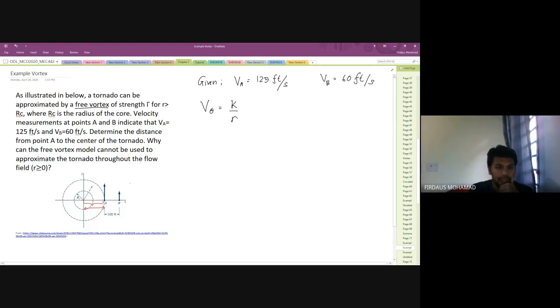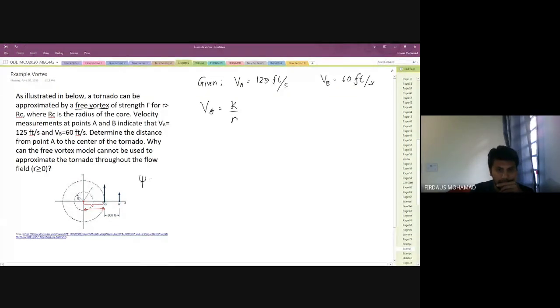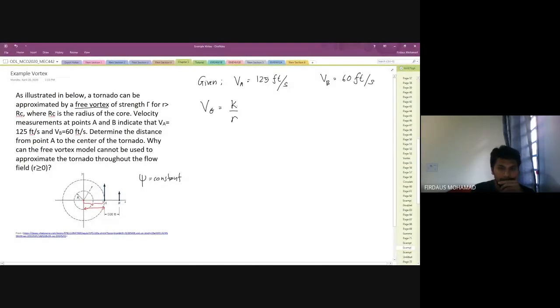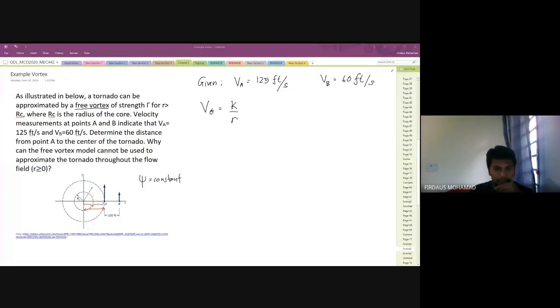So for this streamline, you have a constant streamline. Streamline is always constant, and k is also constant, so that means k for A is equal to k for B.